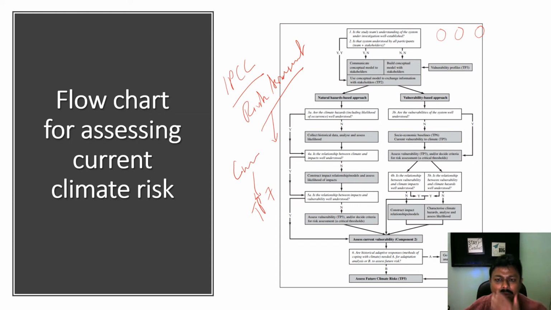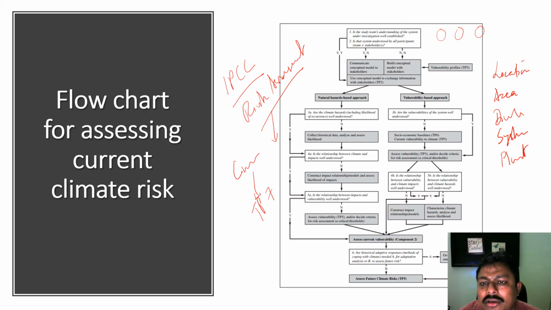But what I will say is that these are basically the steps to assess the current climate risk of a location, of an area, of a district, of a system, of a plant, right? Now, how are they doing it? They are doing it by a participatory approach with the stakeholders, right?